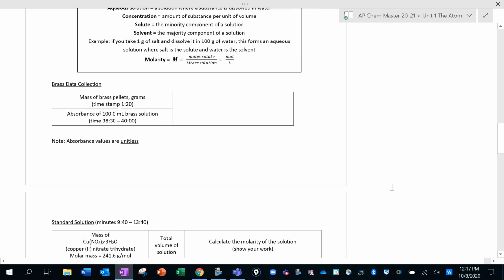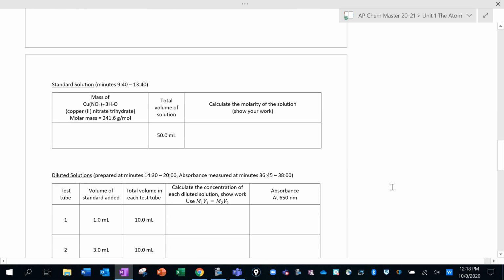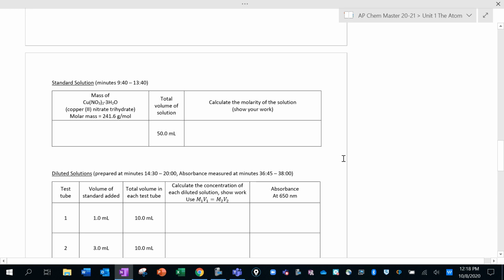All right, so let's scroll down to our first calculation. I'll give you a hint. What he does here around minutes 9 to 13 is he makes a standard solution. A standard solution is something with a known concentration. What we're going to do in this lab is compare our known to an unknown.